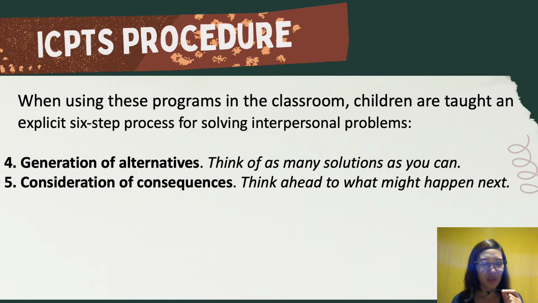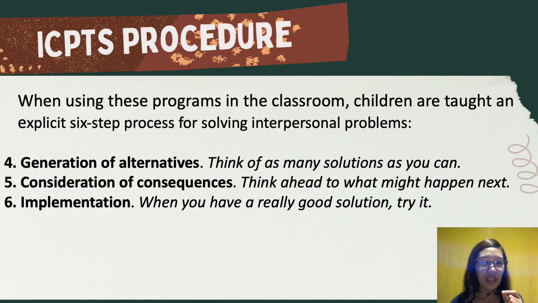I guess this is one of the most important items in the six-step process, to think of the consequence or result of the decision or action that you want to carry out later. And then the sixth is the implementation. When you have a really good solution, you can try it. But before that, of course, you have to consider the pros and cons of it.